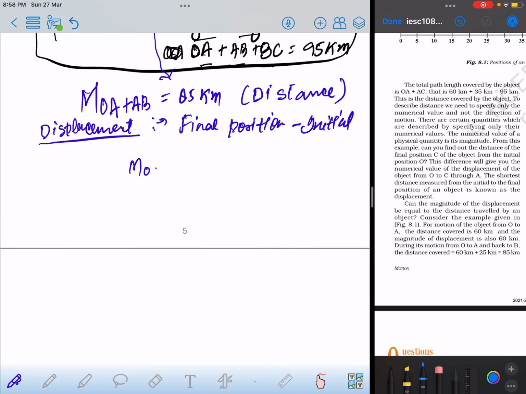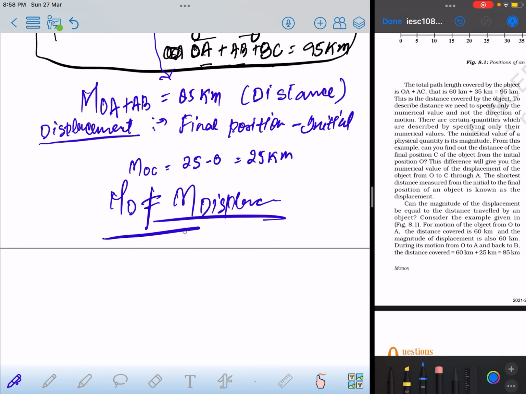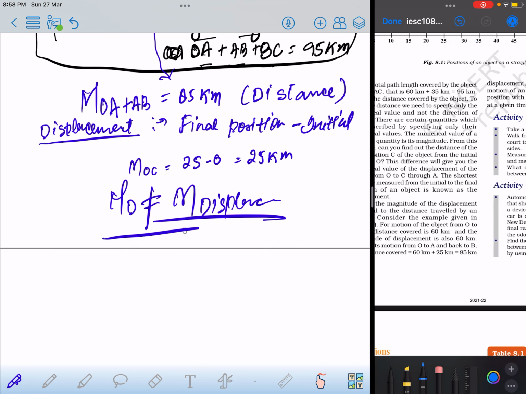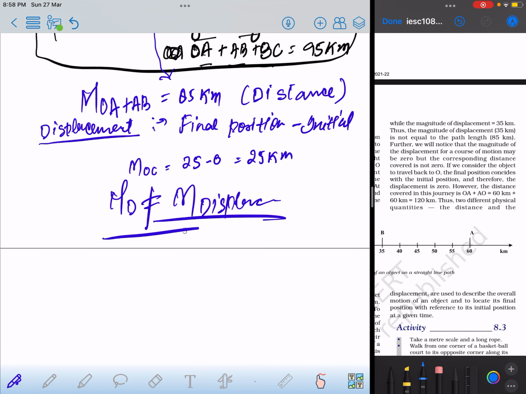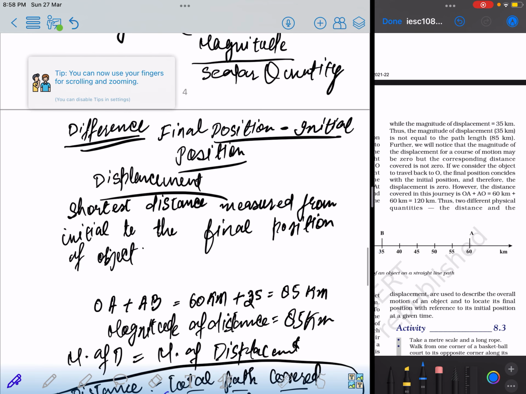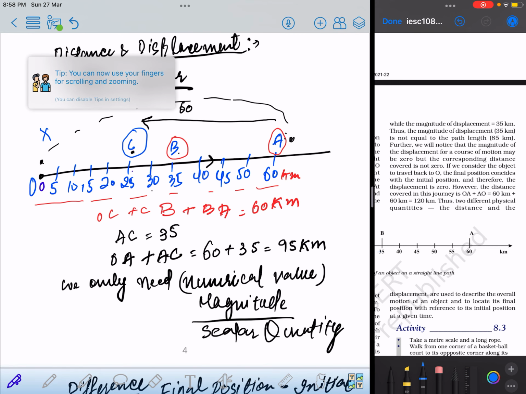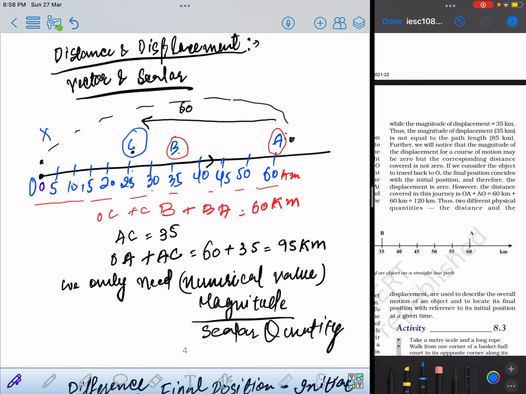Magnitude of OC is 25 minus 0. It is 25 kilometers. So the magnitude of distance is not equal to the magnitude of displacement. So at the point C, the magnitude was 25 kilometers. Both the magnitudes are not equal.